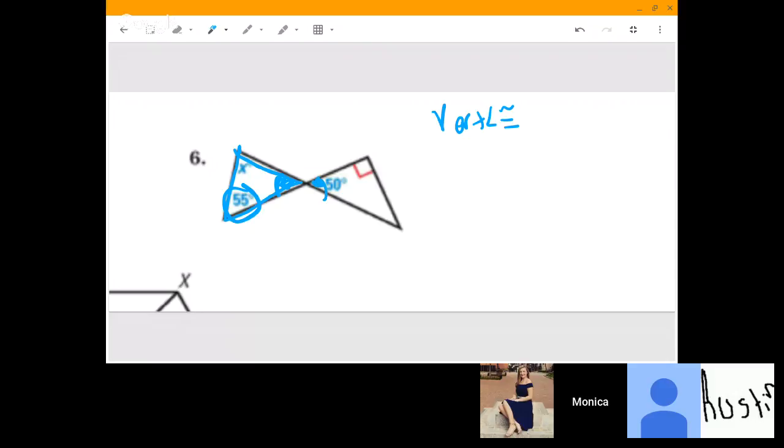And since vertical angles are congruent, then we know this one equals 50 also. All right, so then we know that 180 minus 55 minus 50 will give us x. Does that make sense? Okay, good.